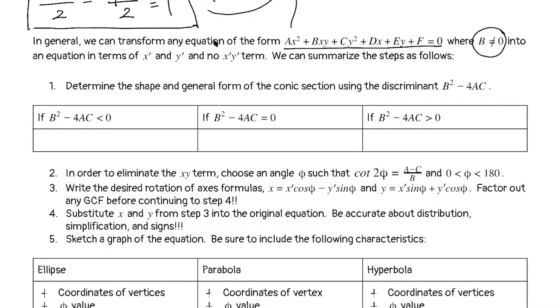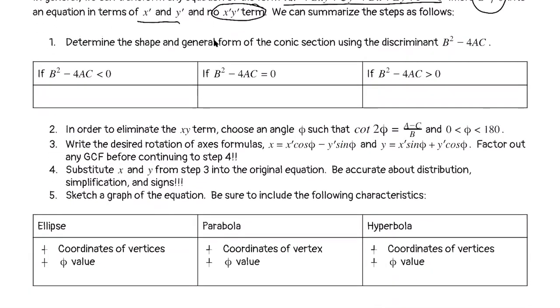But now we're going to look at cases where there is an xy term. Our goal is to turn it into an equation with x prime, y prime, and no x prime y prime term. That's going to make it easier for us to graph and to see what shape it is and what some important points or characteristics about that graph are.